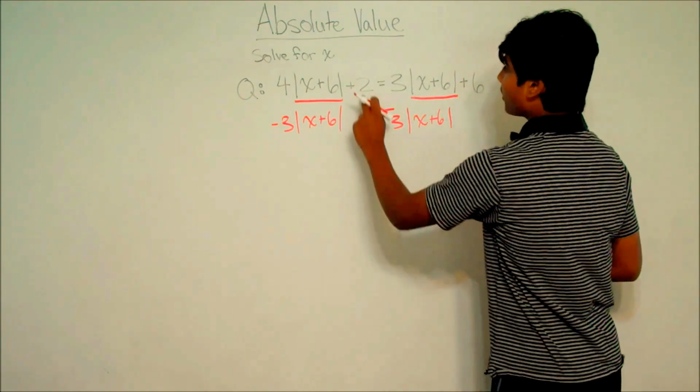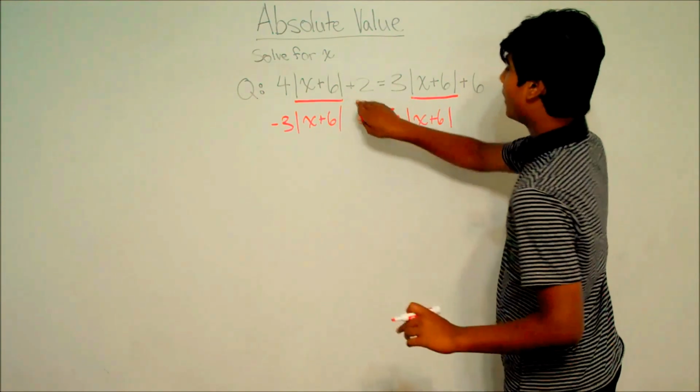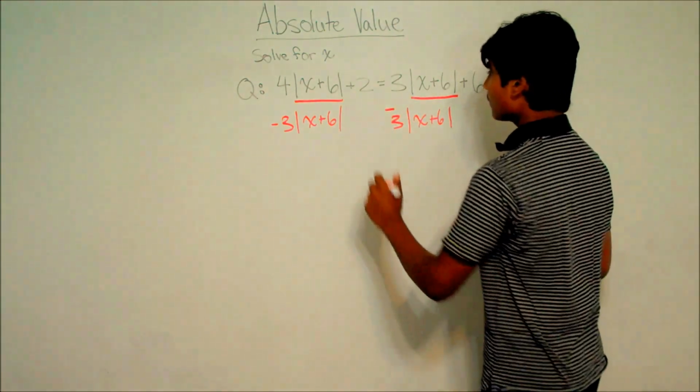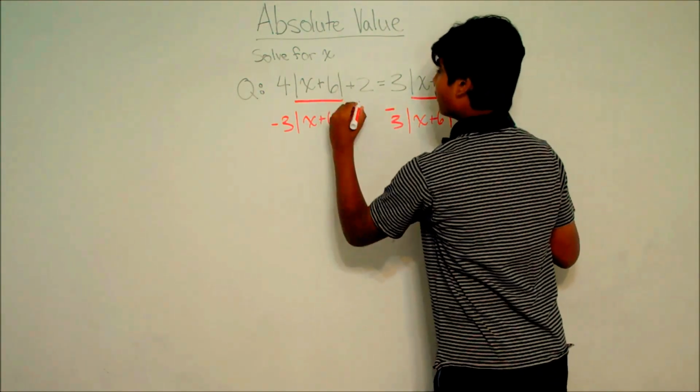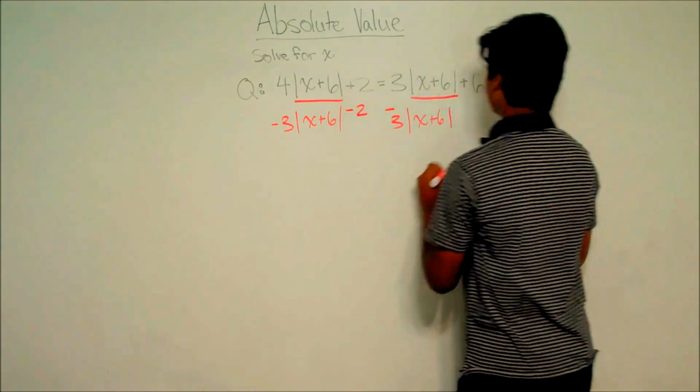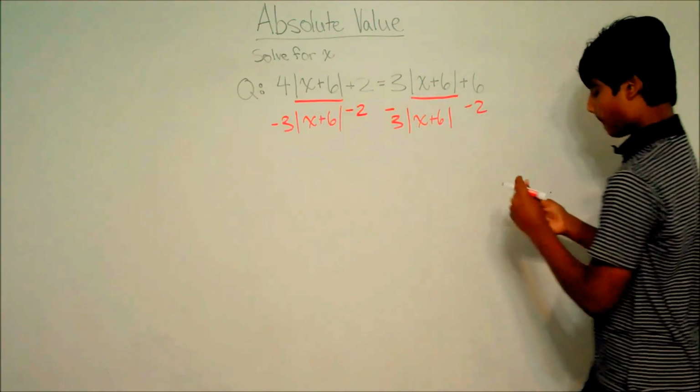Now, we also subtract 2 from this side because we want all the numbers on the other side. So, we do minus 2 and minus 2.